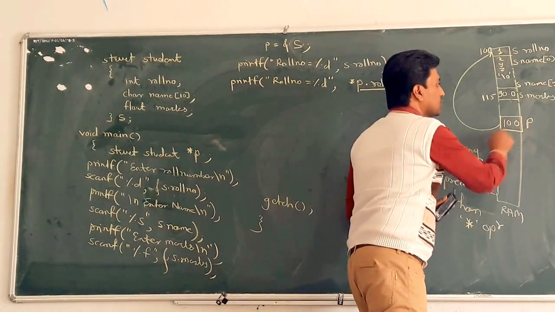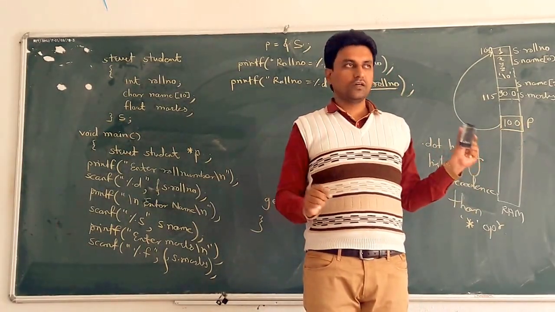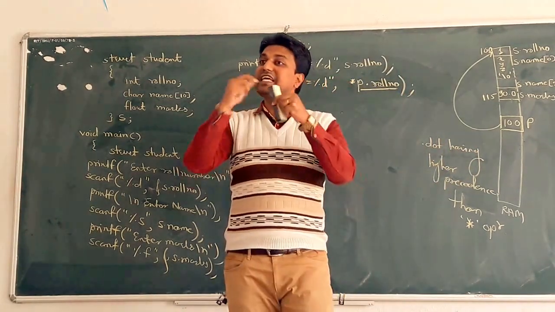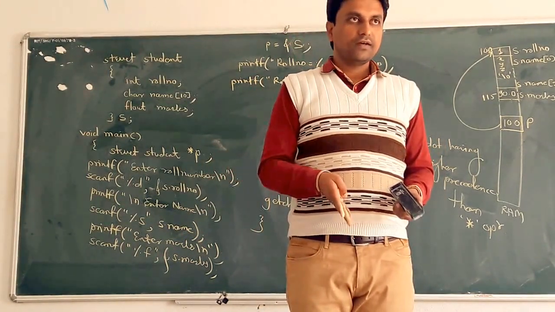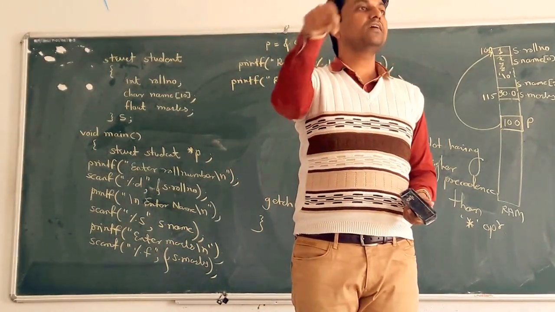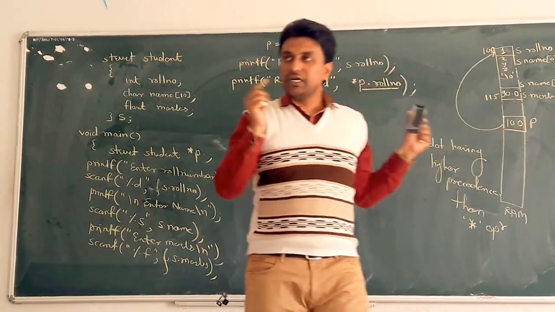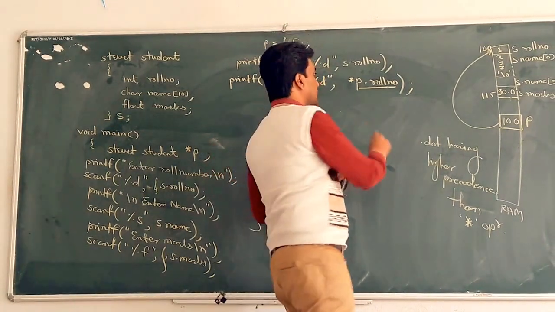P dot marks does not store the address of S dot marks here. Understood? So P dot roll number is meaningless. The compiler does not understand its meaning because of operator precedence. Clear? The meaning is correct, but how does it actually execute? It executes like that. First, what executes?